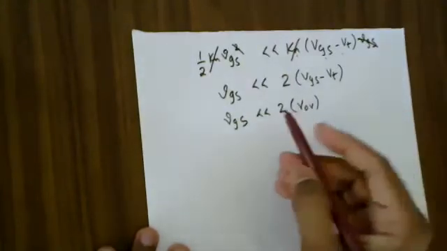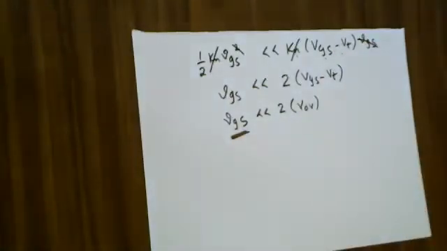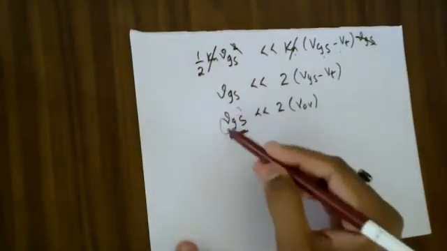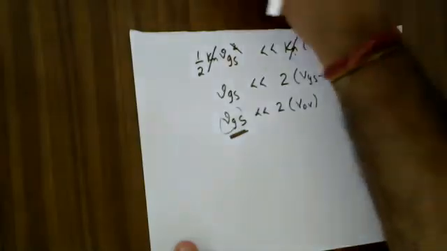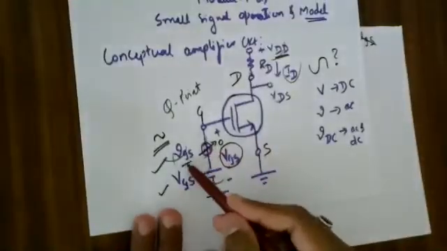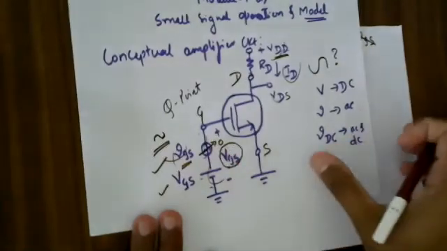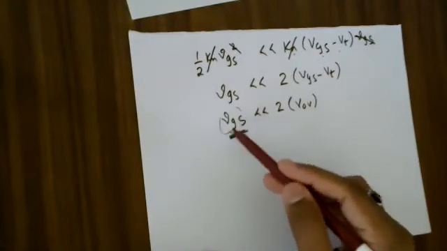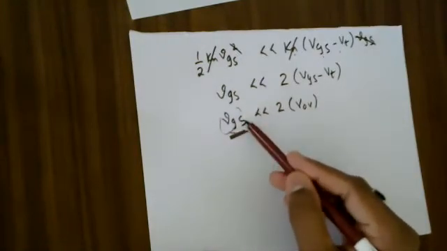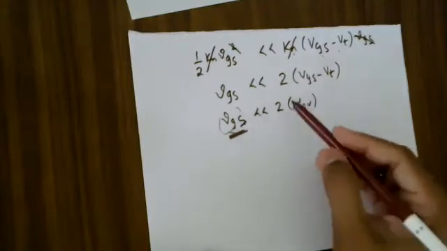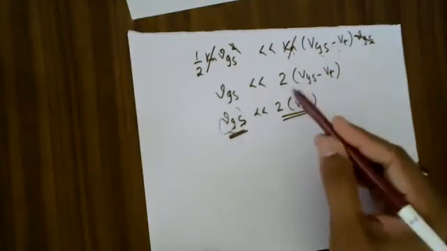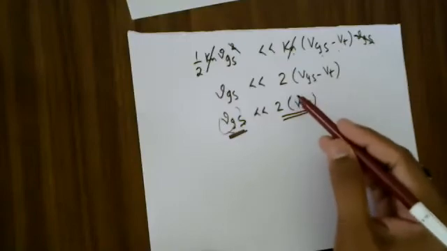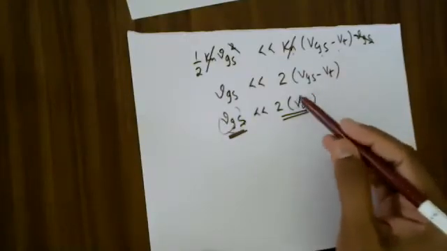What does this mean? You read this equation in reverse. It means your input signal, a small vgs, the AC input signal, applied between gate and source should be less than 2 times the overdrive voltage.